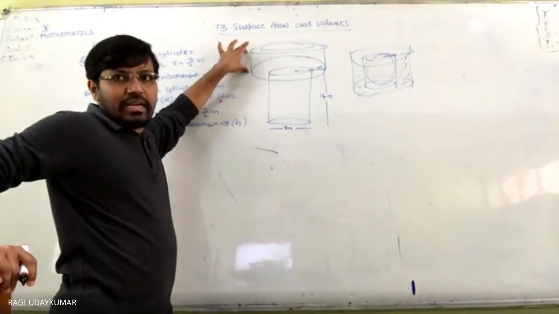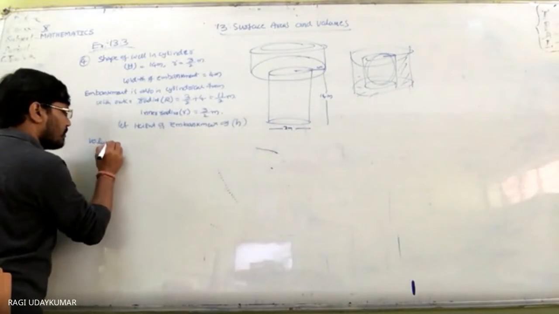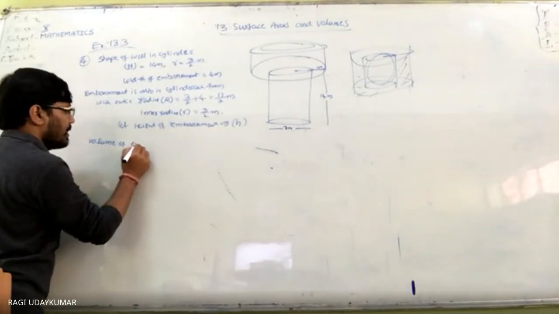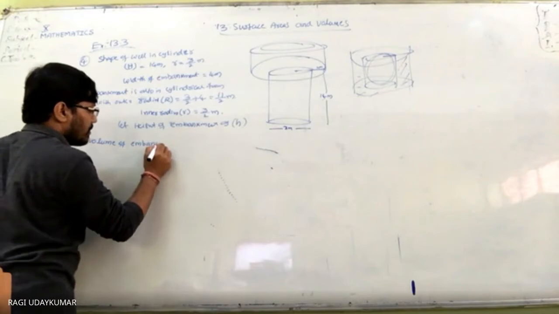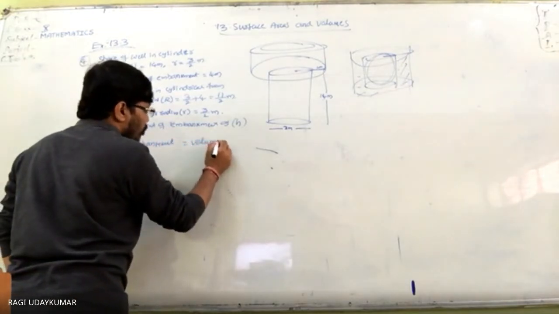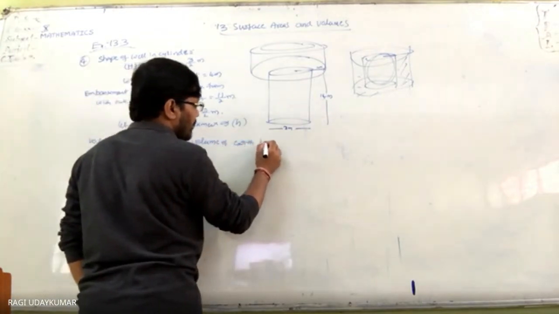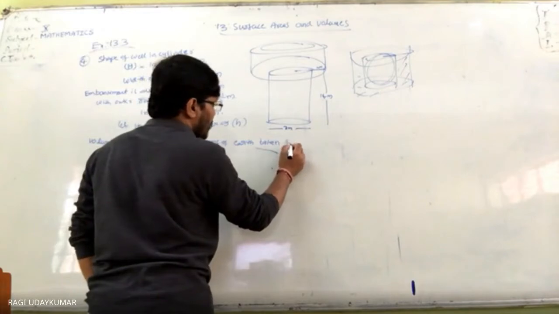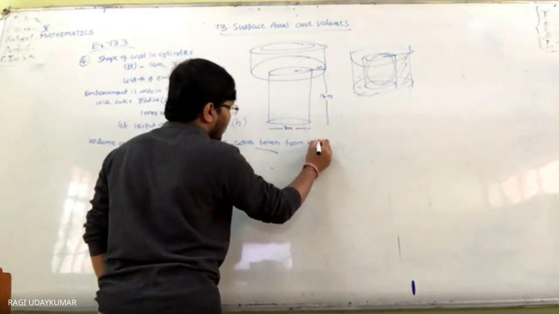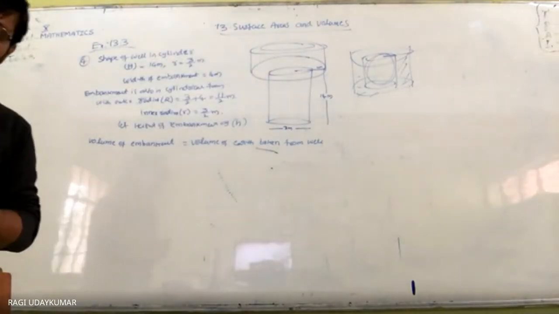Therefore, the volume of the embankment is equal to the volume of earth taken from the well. Earth means mud. Earth is nothing but mud taken out from the well.